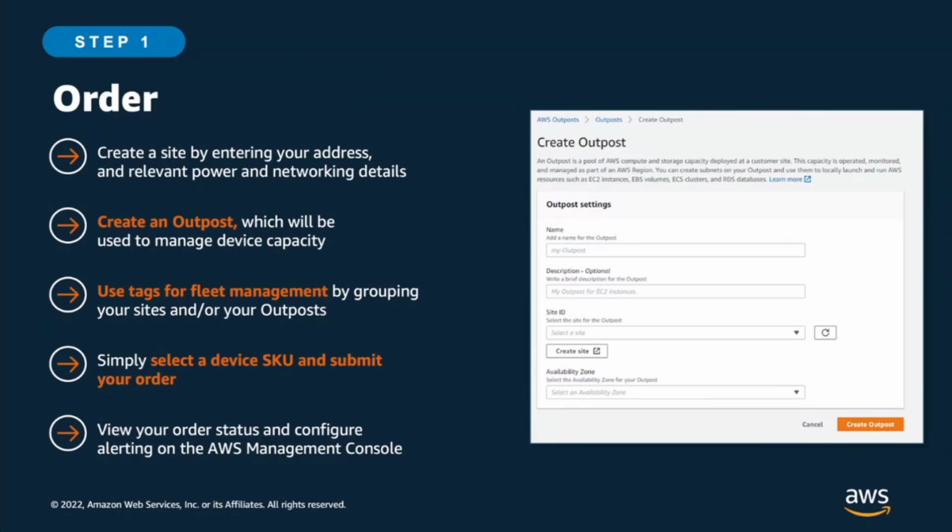You'll be able to select which version and create a site and capture the information, things like shipping address, etc. And you'll create an actual outpost. That's the resource that'll be used to manage your local capacity, and you'll be able to use tags if you want to group that otherwise. And then you'll be able to use the console dashboard to track fulfillment status of those servers.